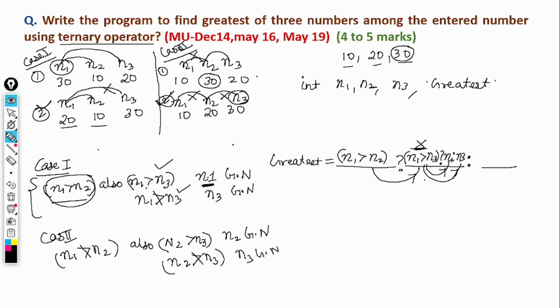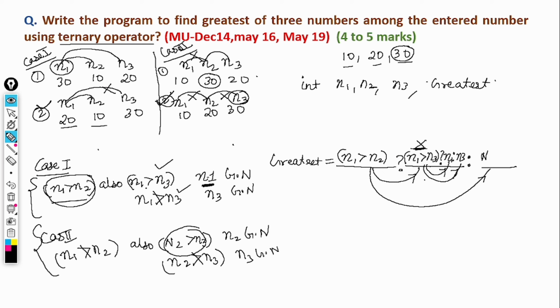Okay, now coming to case number 2. What is case number 2? Case number 2 is opposite of case number 1. If n1 is not greater than n2, so here it was n1 is greater than n2. If this statement is not true, it will be executing this statement. So if n1 is not greater than n2, then we will check n2 is greater than n3.